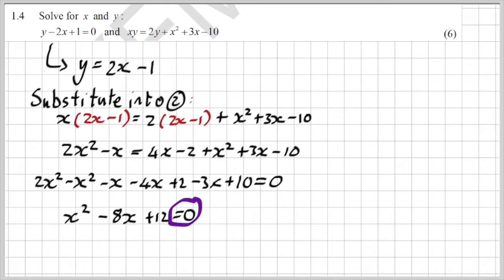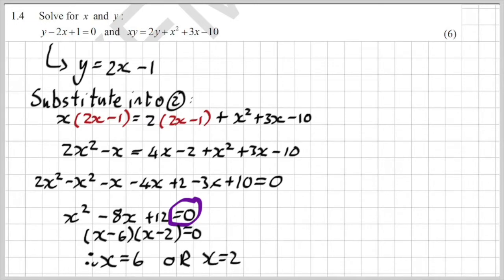Again, I want equal to 0, because it's a quadratic equation. This will lead me towards two solutions for x, being 6 or 2. But remember, the question was solve for x and y.